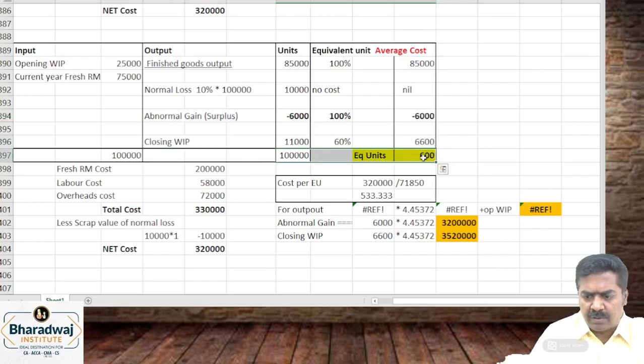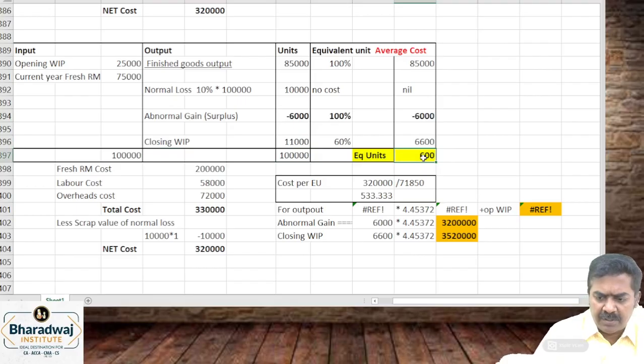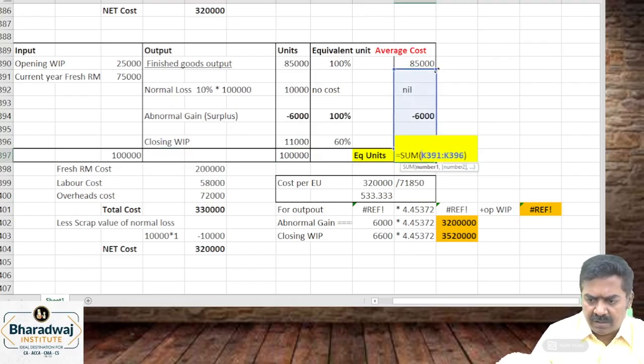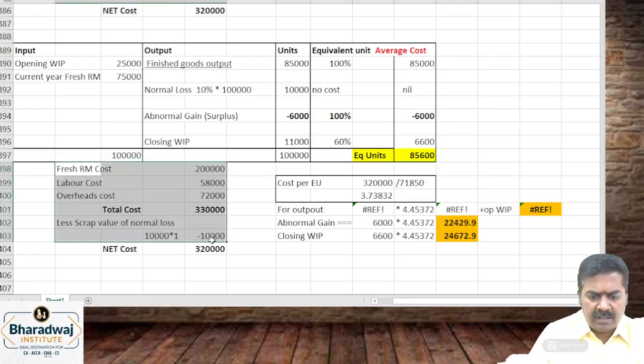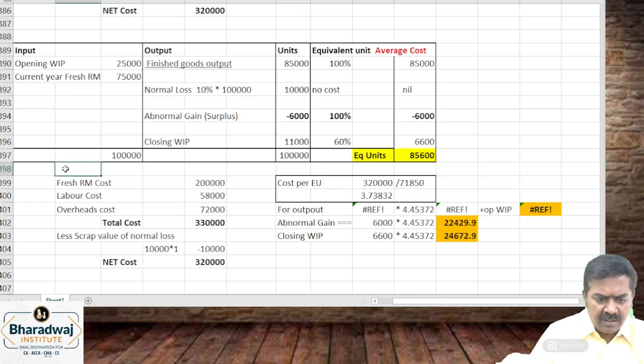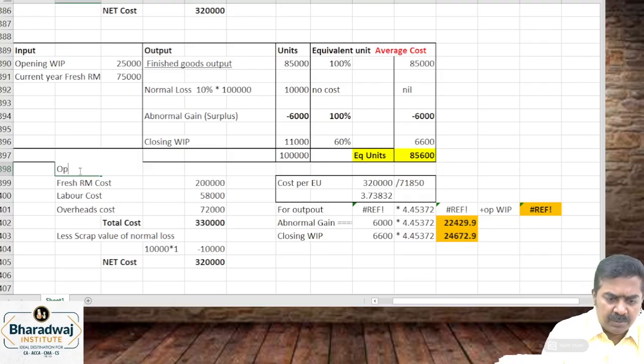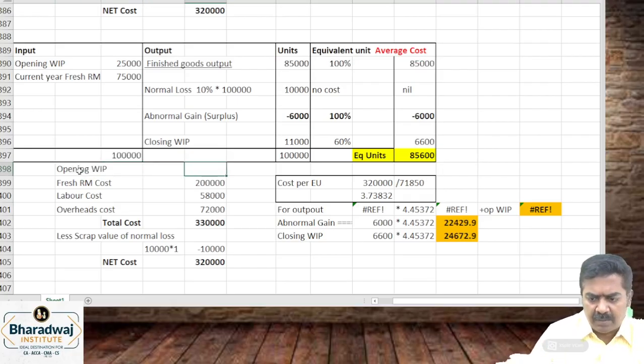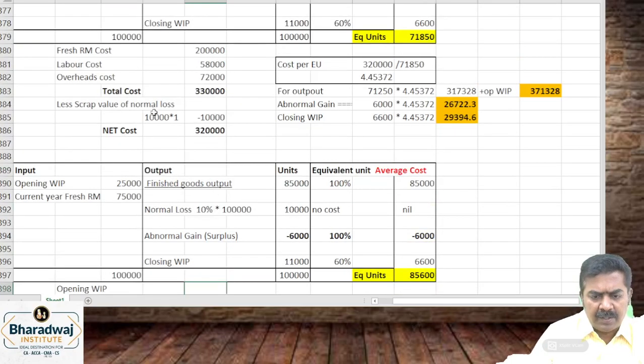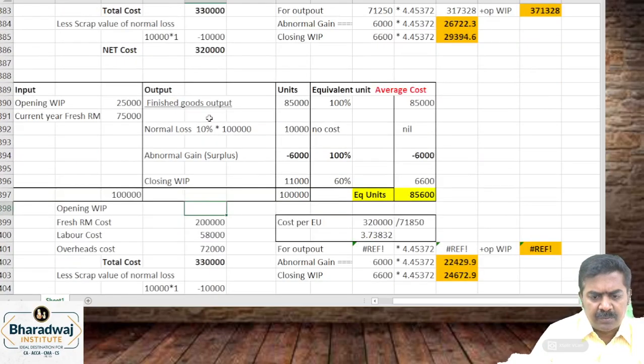Then we take equivalent units. How to take equivalent units? Total of all these things. Then, while assigning cost, it is slightly different. We take total completion. So here we'll add opening WIP value also. What is the opening WIP value in the question? 54,000.